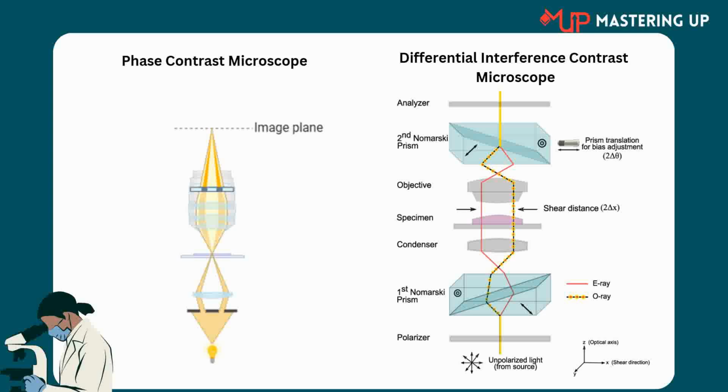On the right, you can see the differential interference contrast microscope, or DIC, which you can also call the Nomarski microscope. These microscopes introduce contrast to images of specimens with little to no contrast when viewed through a bright field microscope.